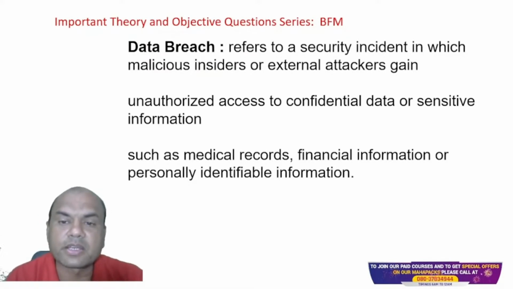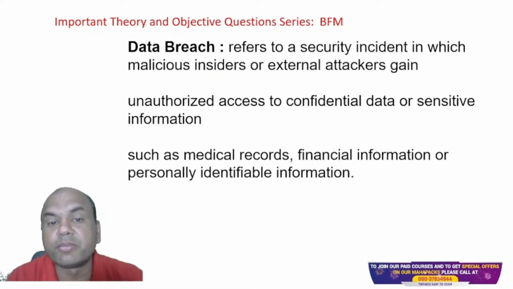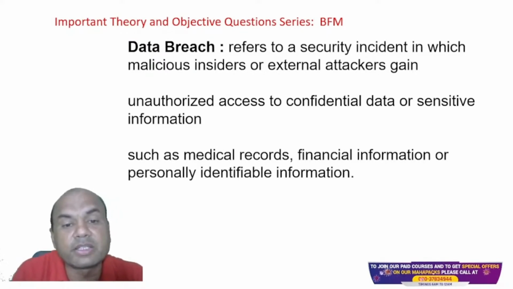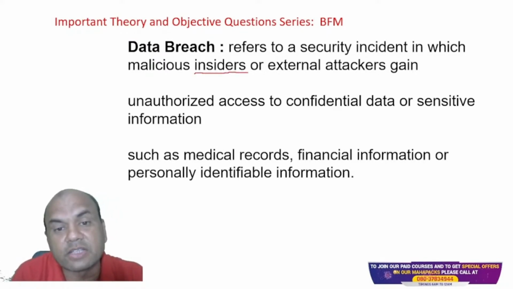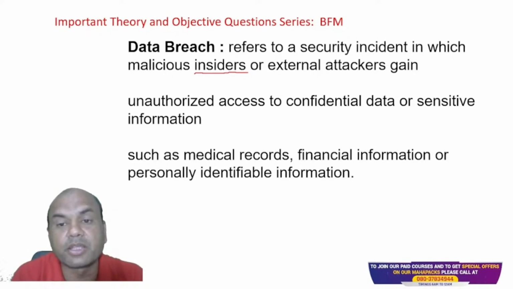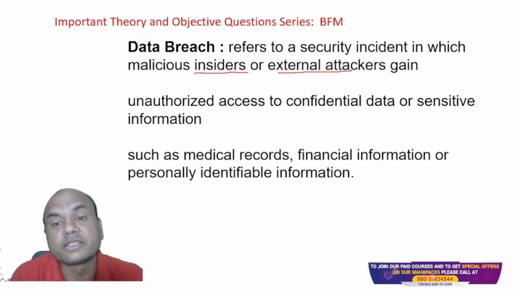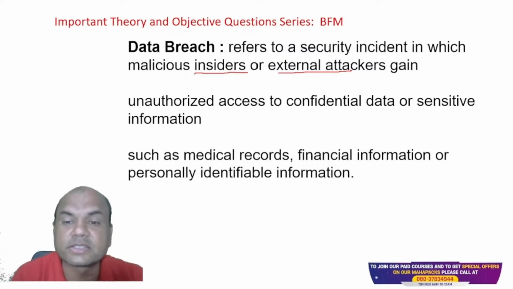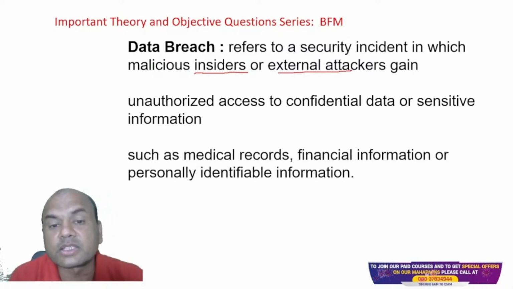So data breach refers to a security incident in which the malicious insider. What do you mean by malicious insider? Insider means that person working in the bank itself. That person compromises the data and gives it to some other external company or external attackers. External attackers means these cyber attackers. So these cyber attackers or insiders gain unauthorized access.